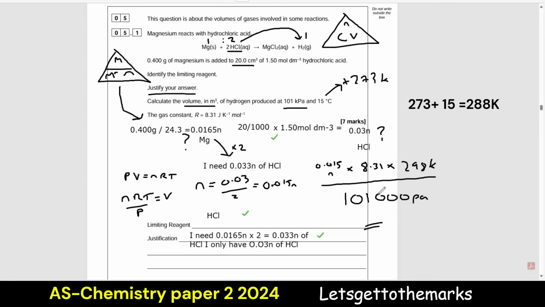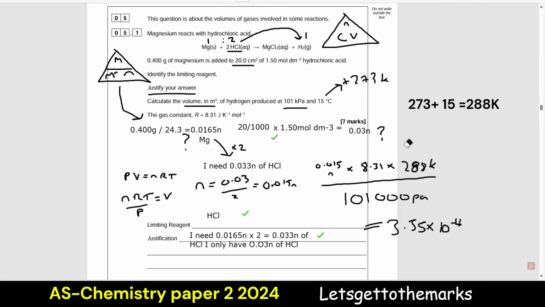Anyway, once we put all of this into the calculator, we're going to get a small number of metres cubed, and that is going to be 3.55 times 10 to the minus 4. I wrote 298, then 288. See what happens when you don't use a calculator?